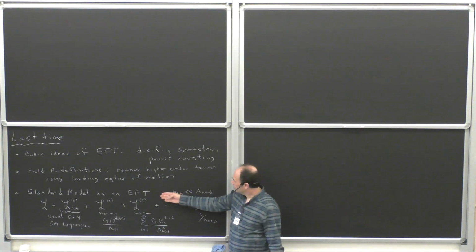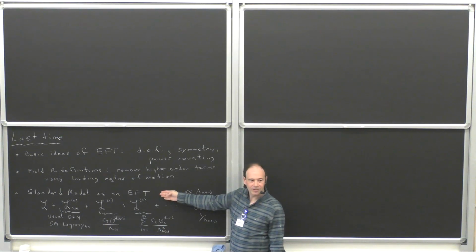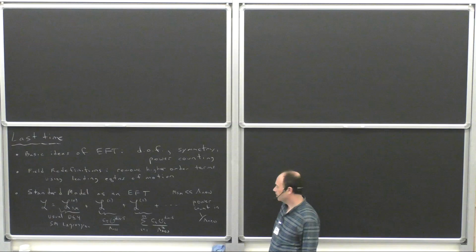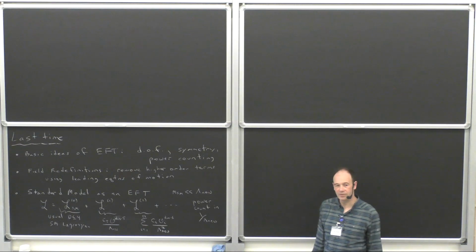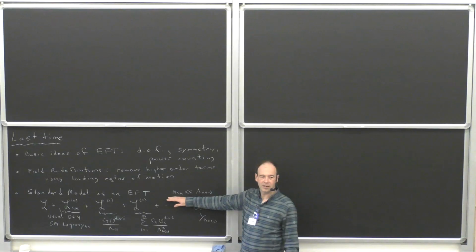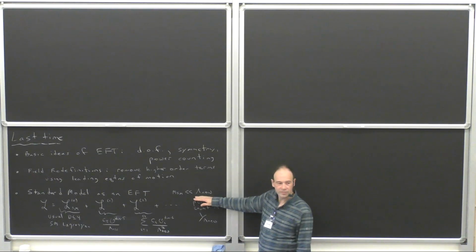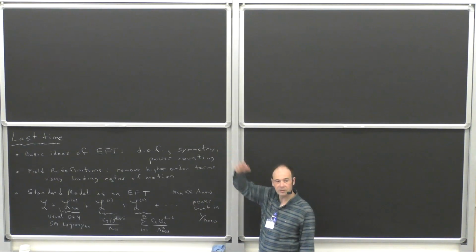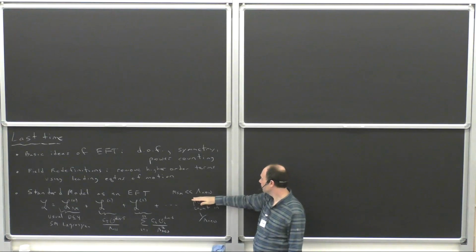We talked about a kind of important example, in particular for particle theorists, and that's the standard model as an effective field theory, otherwise known as SMEFT. In this effective field theory, the power counting is just in terms of the dimensions of the operators. You're expanding in standard model scales that I called M_SM, and you're saying there's some new physics scale that's much higher. There's a gap. There's no particles up to that new physics scale, and we can make an expansion in this way.